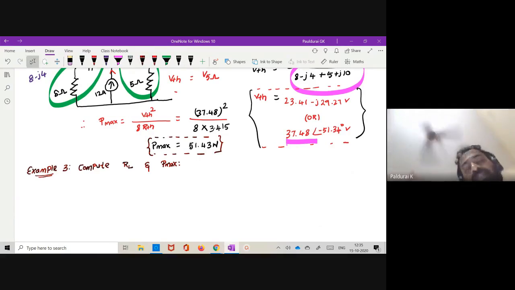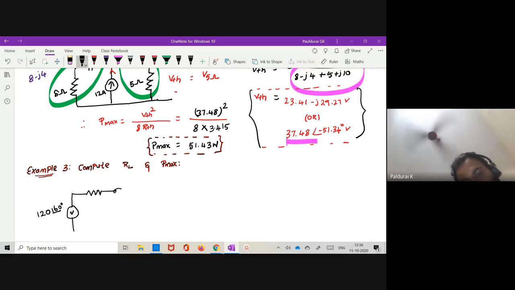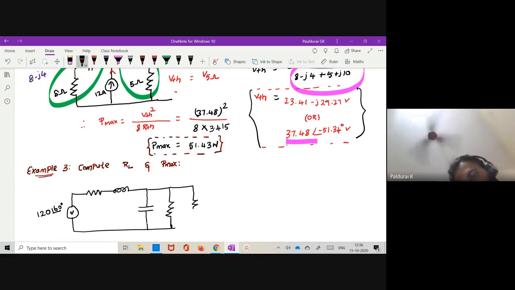Take this circuit, it's also quite an interesting circuit. 120 at an angle of 60 degree. This time my load is resistance, not impedance.